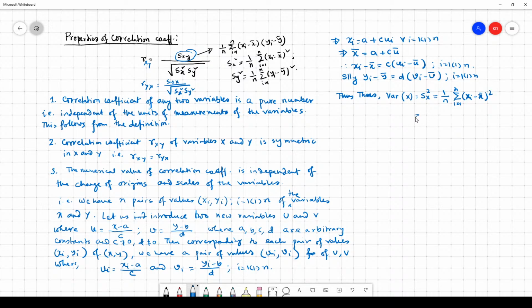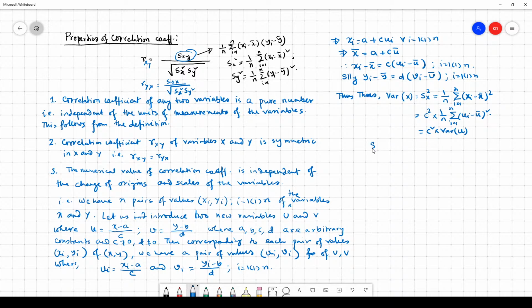If you replace xi minus x bar by c into (ui minus u bar), then you get c square times 1 by n sum over i from 1 to n of (ui minus u bar) whole square, and this is simply c square into the variance of u.